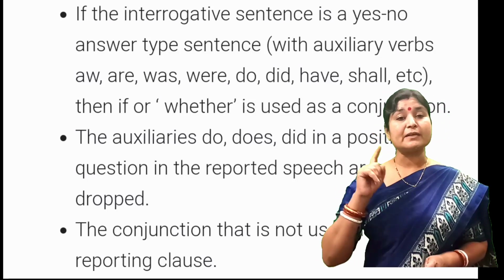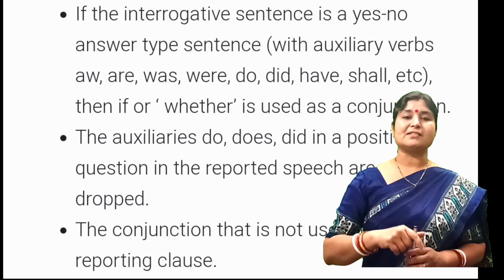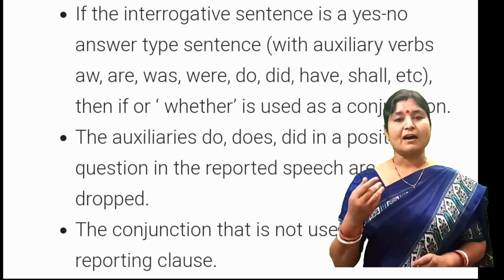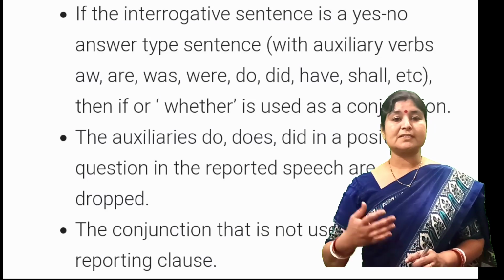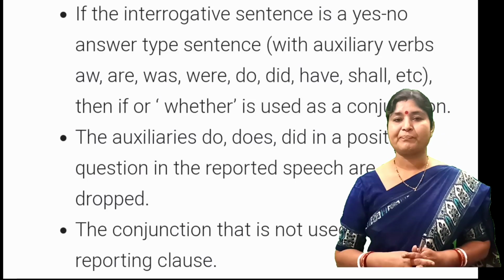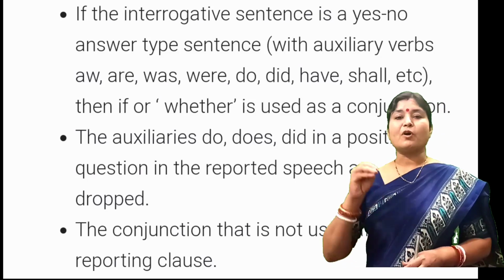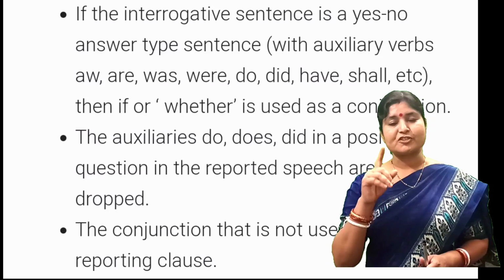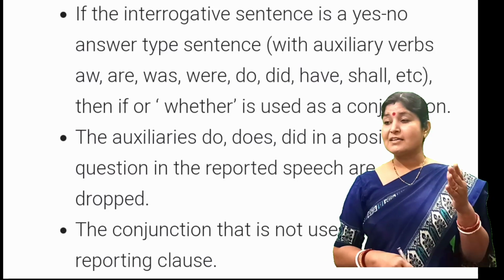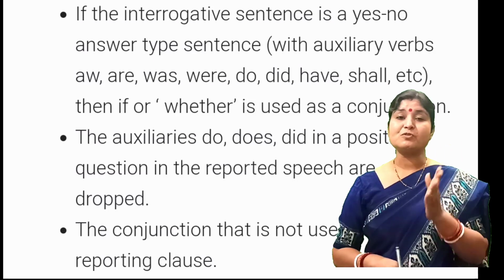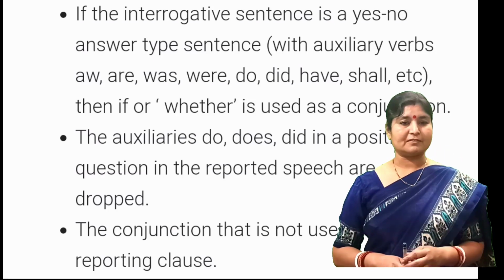If the interrogative sentence is a yes-no type question, with auxiliaries like are, am, was, were, do, did, have, shall, etc., then if or whether is used as a conjunction. We should not use that here; we will use if or whether.